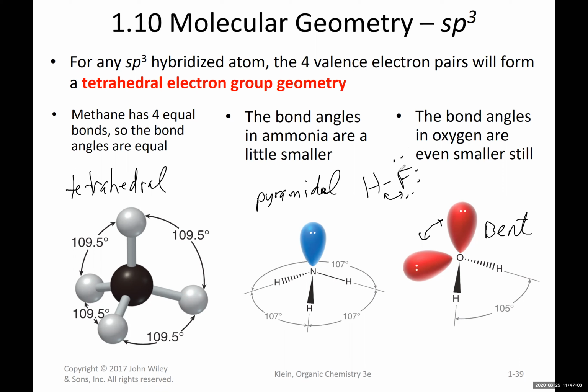You can't define an angle that includes a lone pair. But you're right, the lone pairs here would be in sp3 hybrid orbitals. You'd expect them to be in sp3 hybrid orbitals.